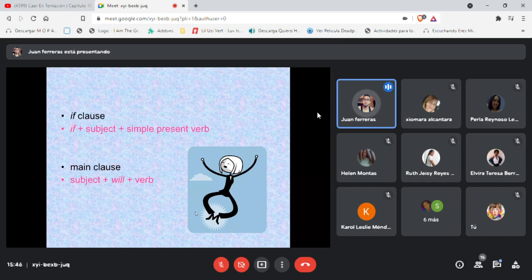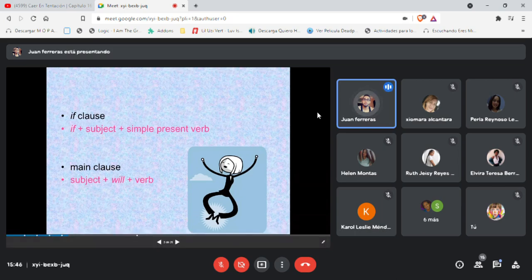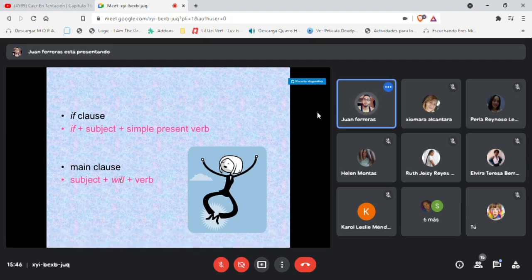And the main clause is created by a subject, will, or the verb. En este caso está will, pero yo también puedo utilizar los verbos modales might or may. Okay?